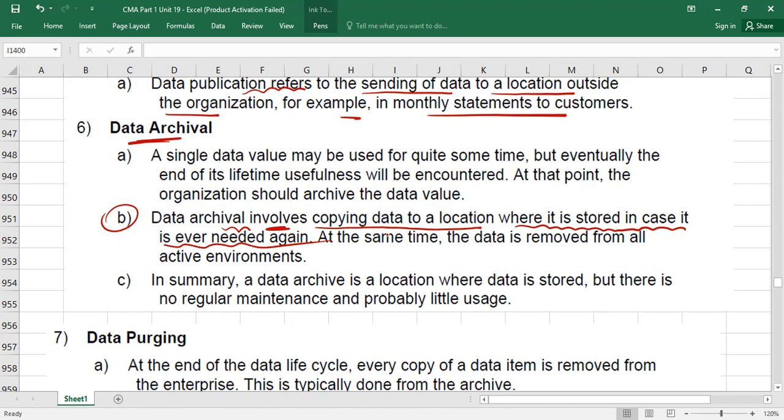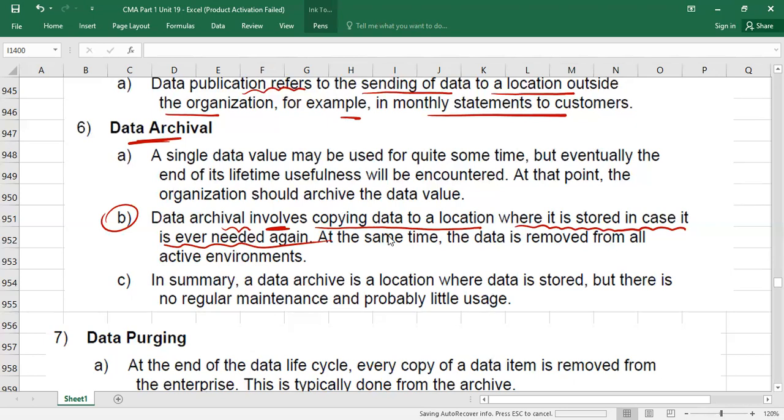They have an archival department because they moved your data there, in case they need it in future. They can get your data back and reissue your transcript and the degrees, right or wrong? So that is called data archival.